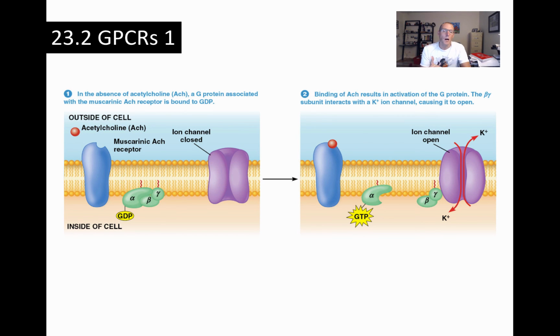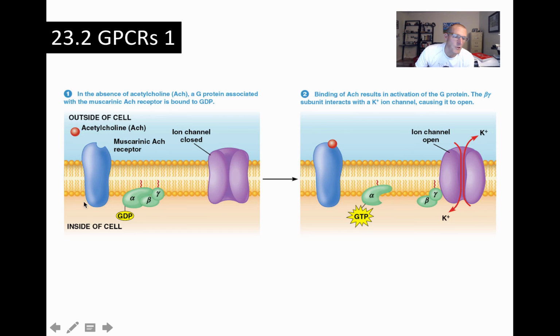For example, G protein receptor kinases can be activated by beta gamma, so that's one way in which you can use beta gamma. Or the muscarinic acetylcholine receptor can stimulate this G protein here, and when alpha binds GTP, beta gamma can be released and can act on this ion channel to stimulate the movement of ions down a gradient.